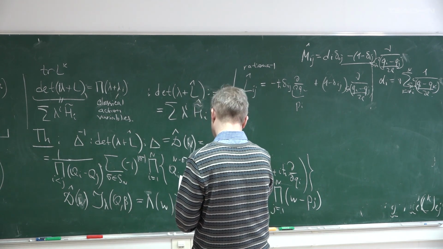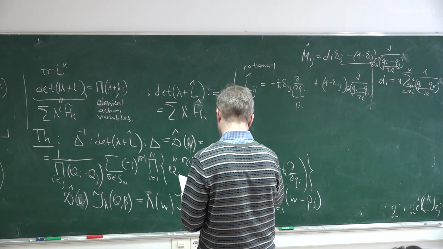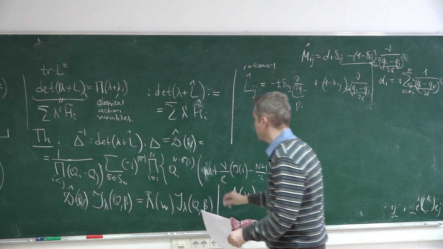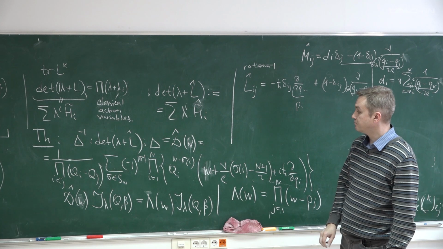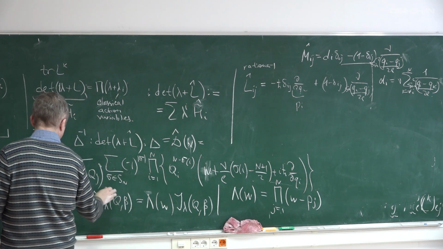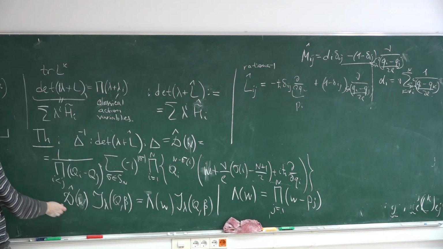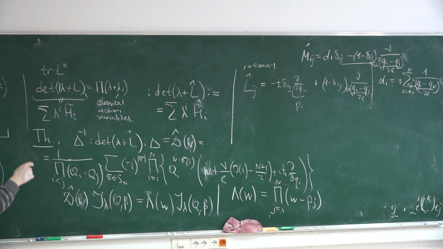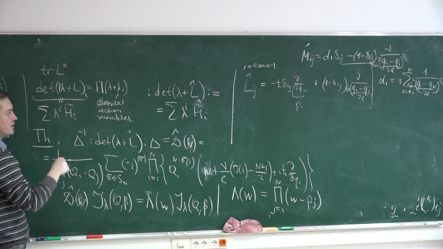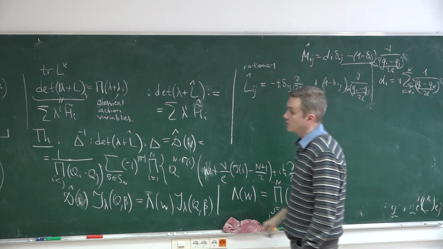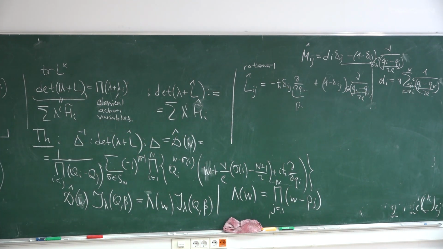Now the Jack polynomials are eigenfunctions for these operators, and the eigenvalues are exactly quantum analogues of this expression, where the role of action variables is played by these quasi-momenta, which we obtained here in this eigenvalue.